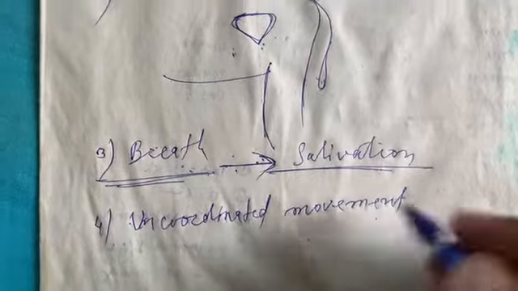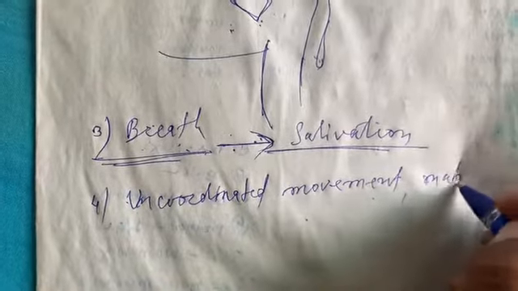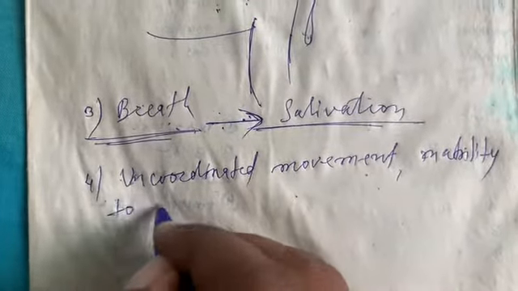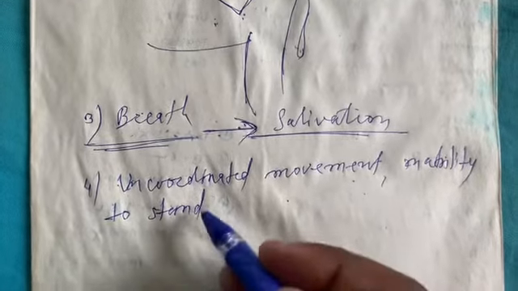Then inability to stand, meaning the animal does not stand properly.